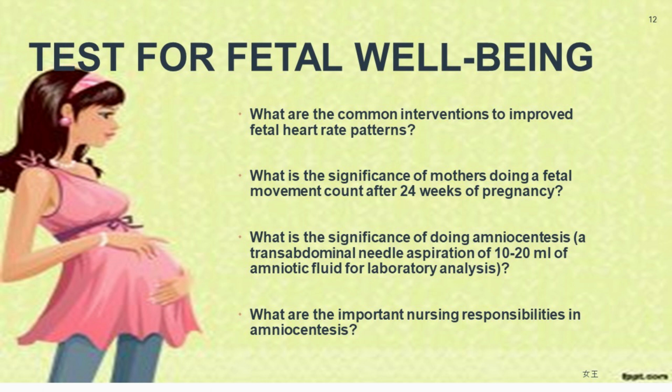What is the significance of doing amniocentesis, a transabdominal needle aspiration of 10 to 20 ml of amniotic fluid for laboratory analysis? At 12 to 14 weeks, detects genetic abnormalities but carries the maternal risks of infection and Rh isoimmunization in an Rh-negative mother, and 0.3 to 0.5% risk of fetal loss.